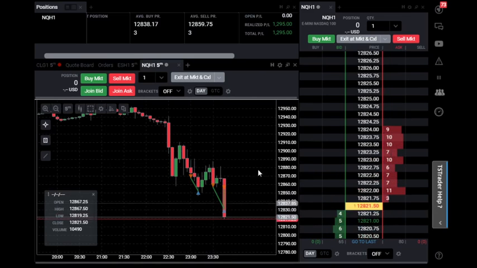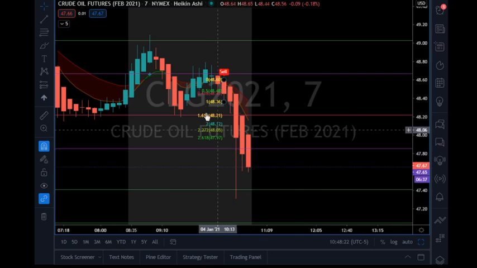The price still remains further down, but that should be okay. For crude oil, we had a short sell position at 48.35 just now.